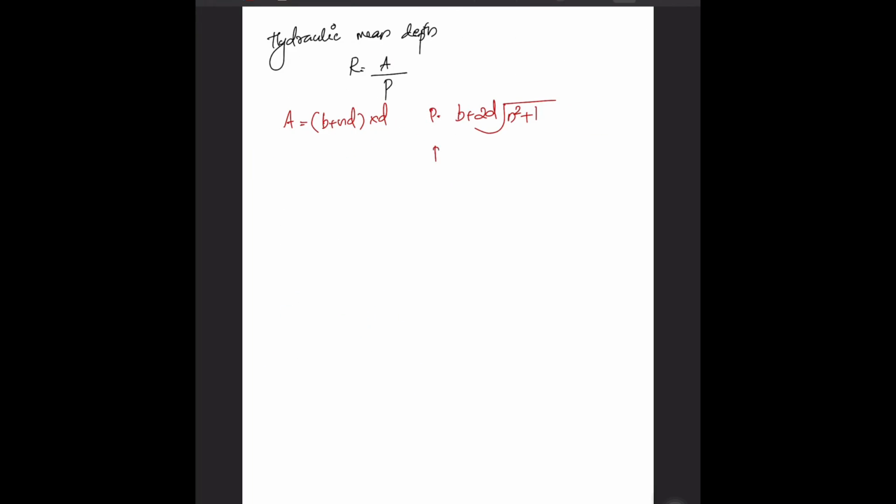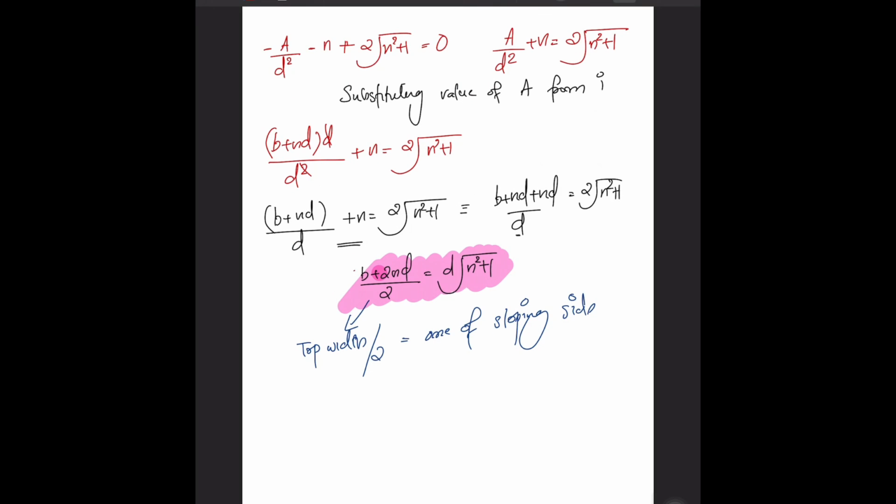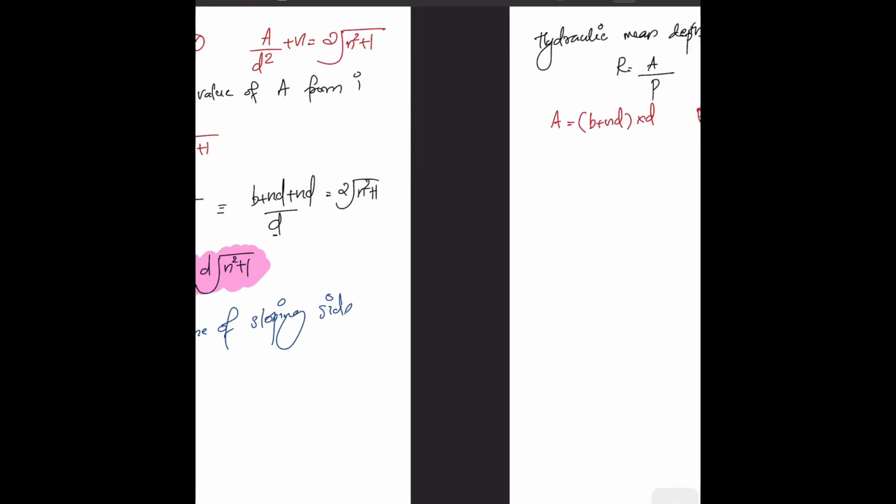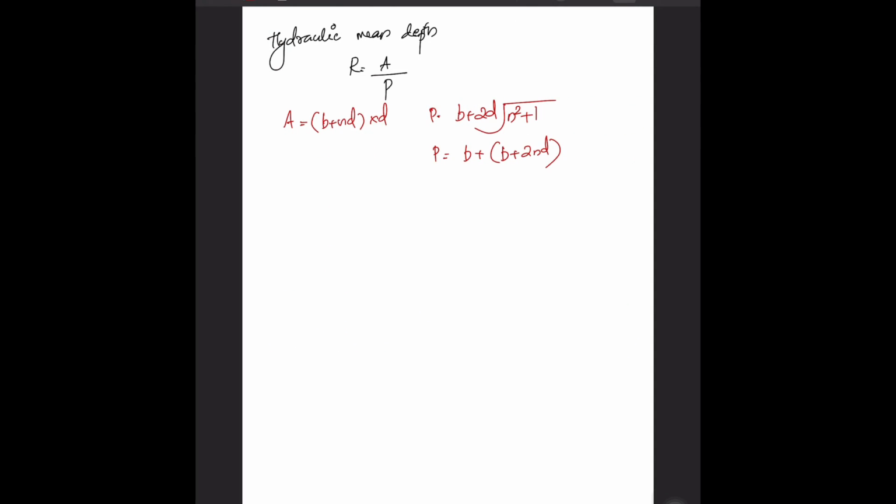That is P equal to b plus 2nd plus b, that is 2b plus 2nd, taking 2 outside, 2 into (b plus nd).